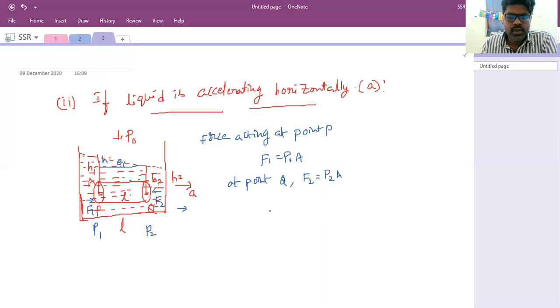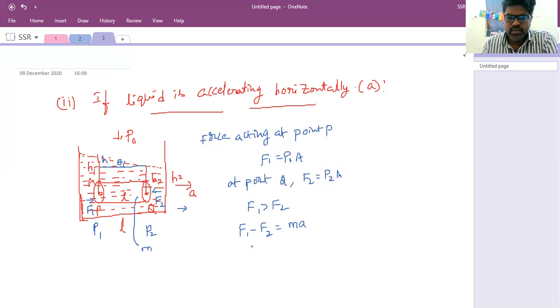Now, what net force can you write? Here F1 is greater than F2, because the liquid is moving towards the right. So F1 minus F2, the net force, is equal to m a, where m is the mass of the liquid. Let m be the mass of this cylindrical column.